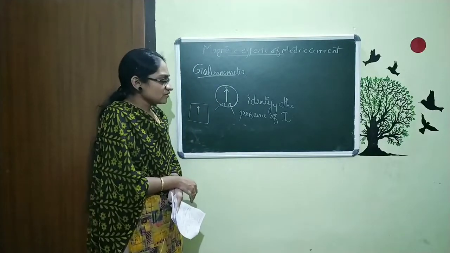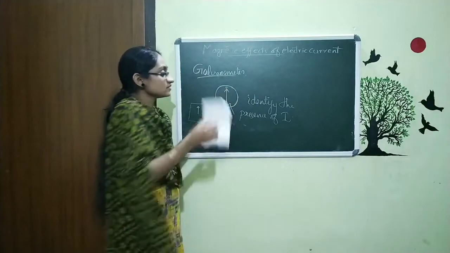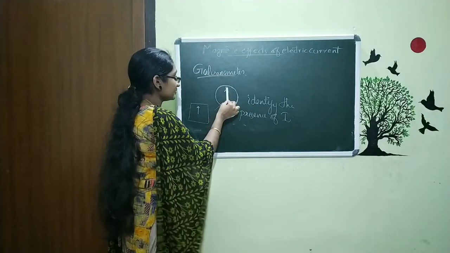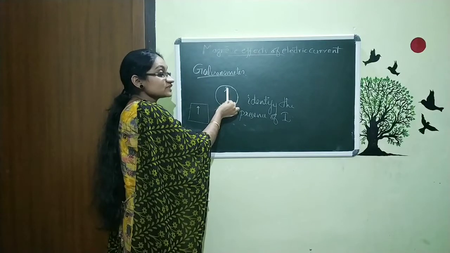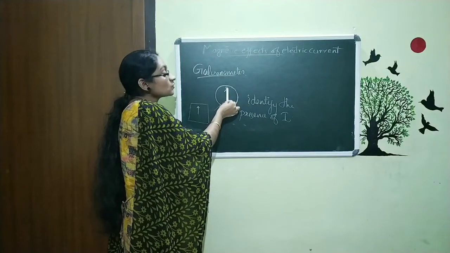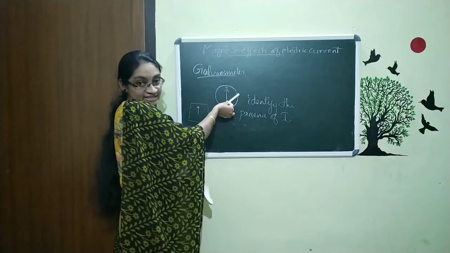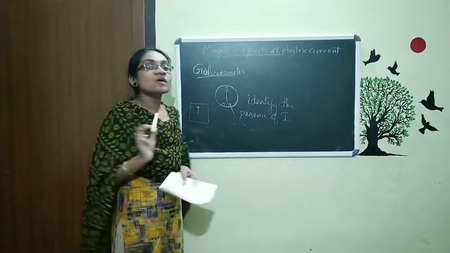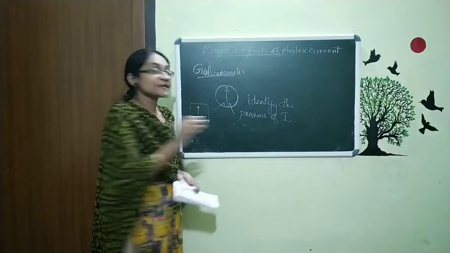That means when there is no electricity, the needle will be like this. And when electricity is flowing, it will move either to the left or to the right. So we can say this is used to identify the presence of current.